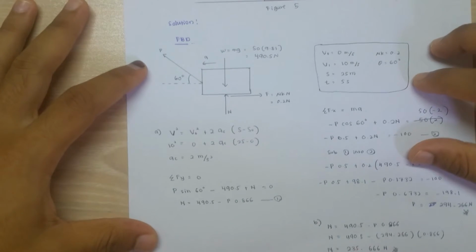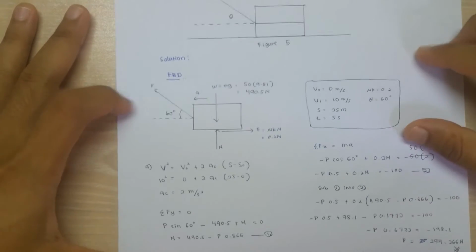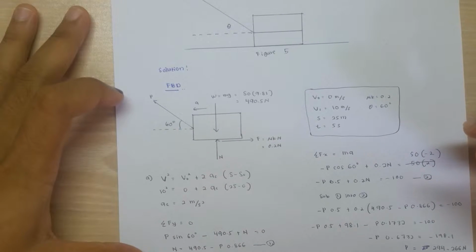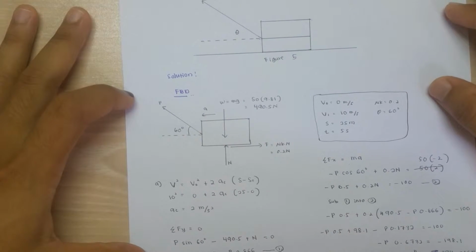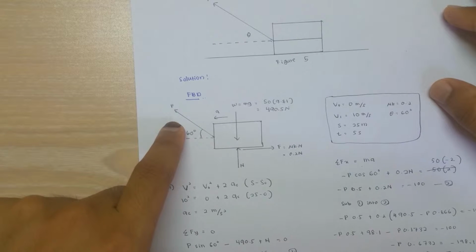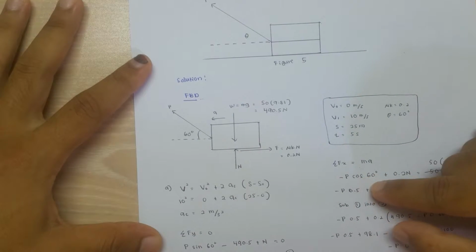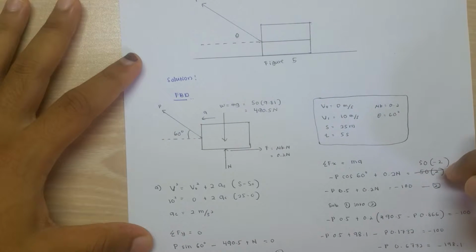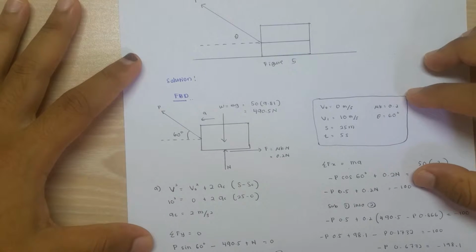After that, we use the summation of forces acting on the x axis, which is equal to ma. The forces acting on the x axis are F and P. So the equation is negative P cos 60 degrees plus 0.2 N is equal to 50 times negative 2.